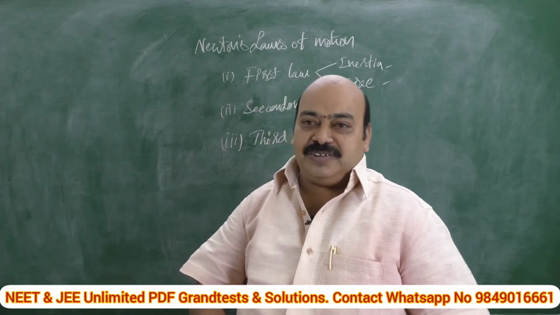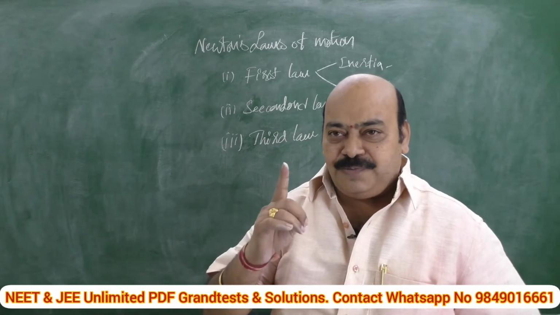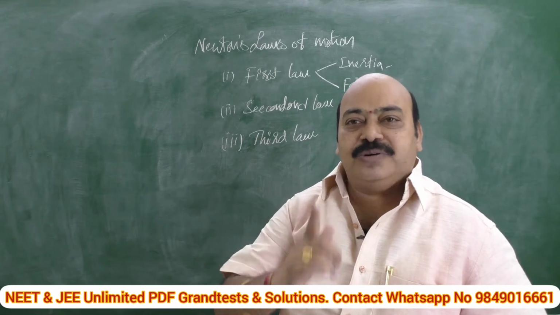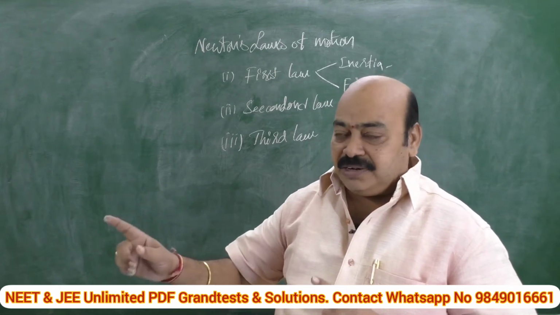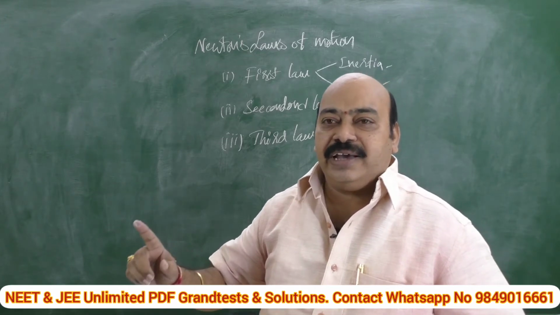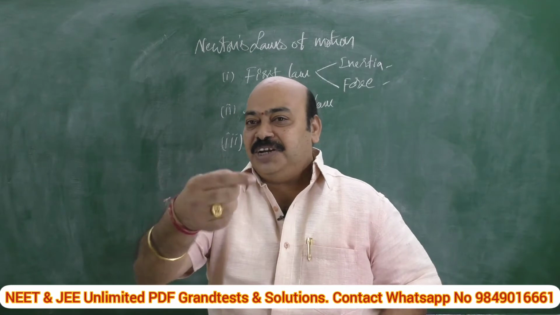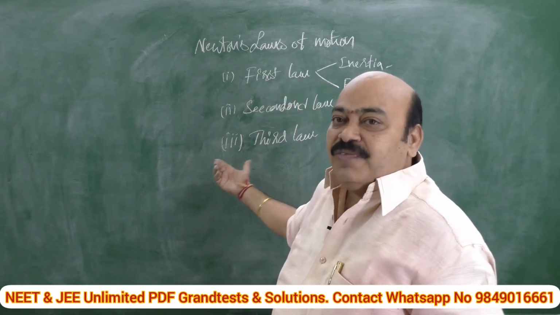Sir, what is the right answer, sir? Each team is pulling the rope with a force of 1000 newton. The net force in the rope is 1000 newton only. That is the correct answer. Why? Because action and reaction never act on the same body. Unless you add this statement to the end of the third law, it's invalid in my view.